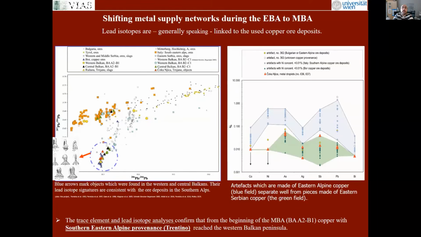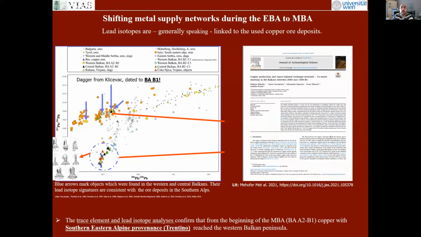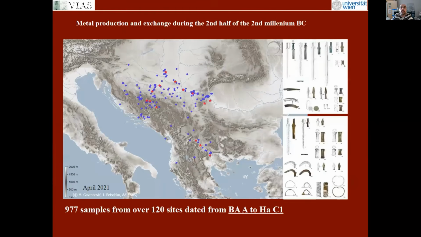In the lead isotope analysis, which we also did, you see that these local deposits were used, and also local metal types were produced. But what's very interesting, we see already a new input of material, in that case metal from northern Italy, which is several hundred kilometers away. This is already published in the Journal of Archaeological Science and can be read in detail there.